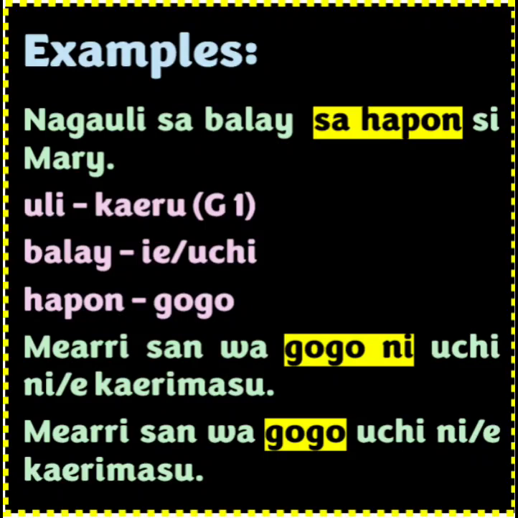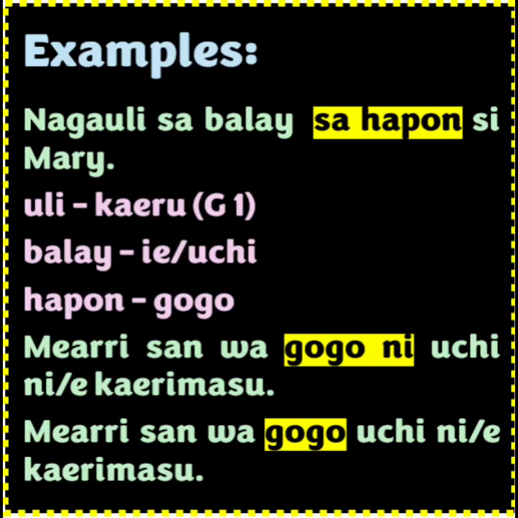Here's another example. Nagauli sa balay sa hapon si Mary. Uli is kaeru, another group 1 verb. Balay is either ie or uchi, and hapon is gogo. So translating it into Japanese, it would be Mary-san wa gogo ni uchi ni or uchi e kaerimasu.